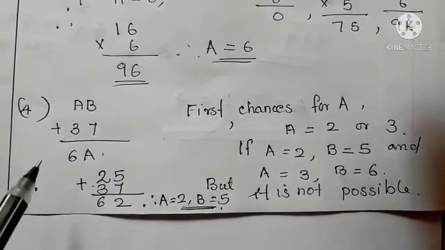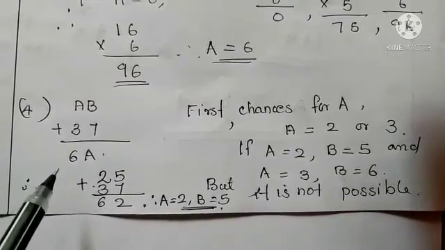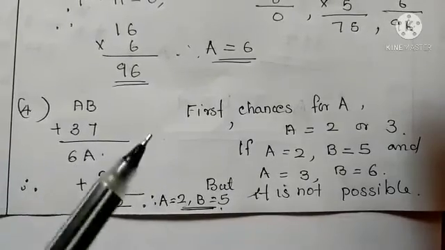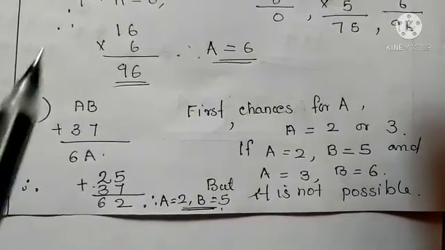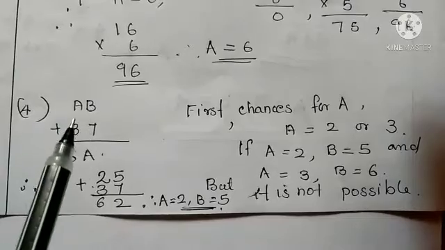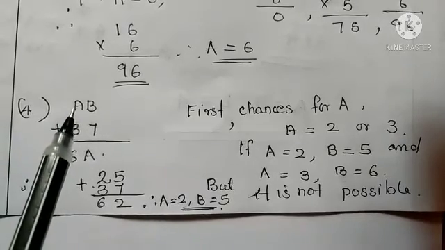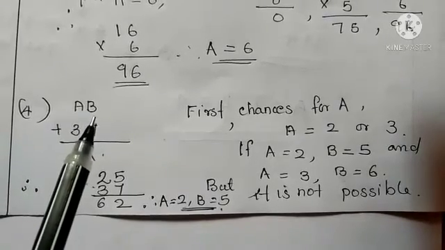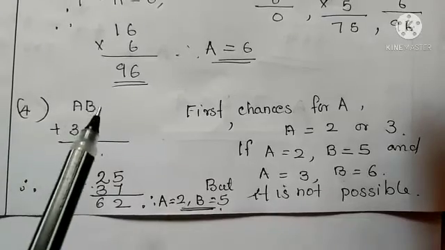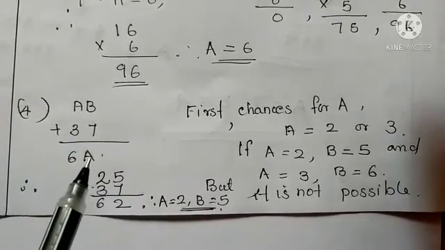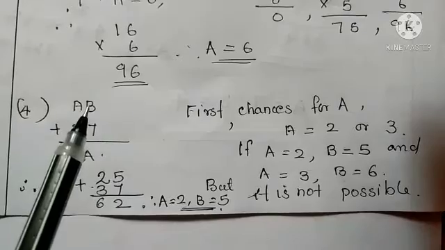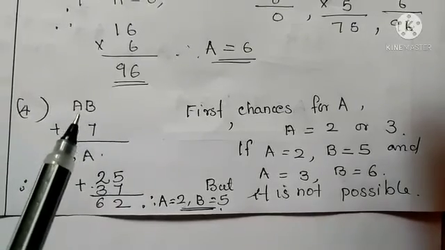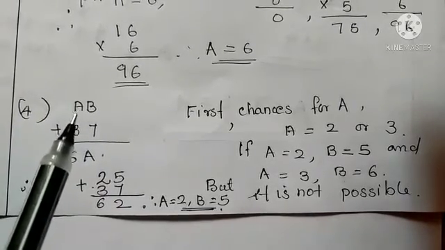Next one, AB plus 37 gives 6A. First we look for the chances for A, not B. Because B plus 7 gives A here, so any number may come for B. So we assume A first.